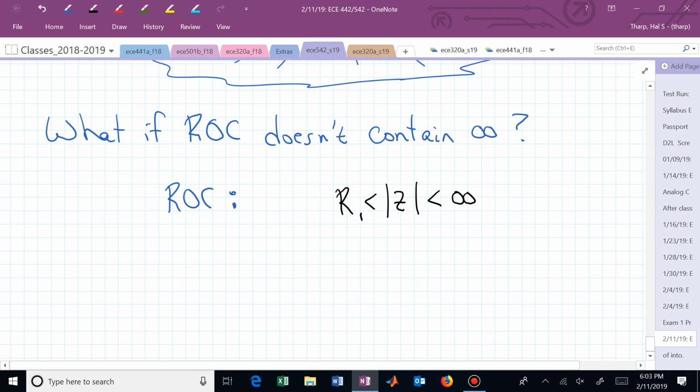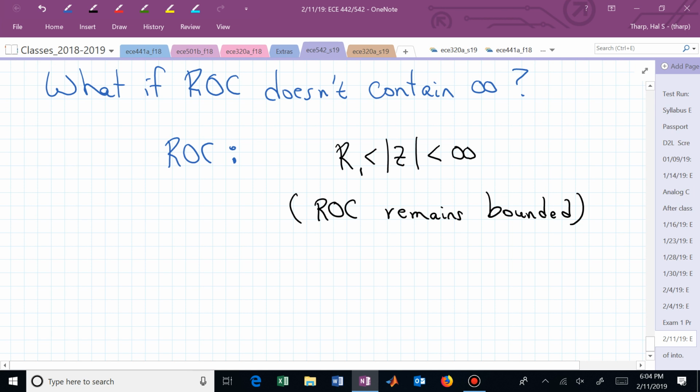So another way, can I make this even more confusing, because you're going to want to get confused when I say bounded. I'm using bounded in both the frequency domain and the time domain. Here I'm using it in the frequency domain, and I'm saying that the region of convergence remains bounded. It doesn't go off to infinity.